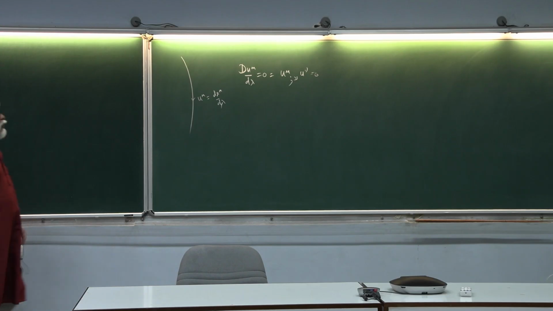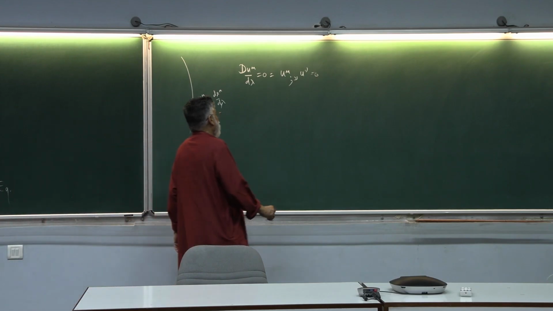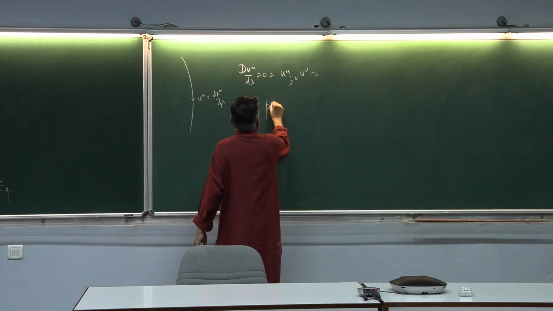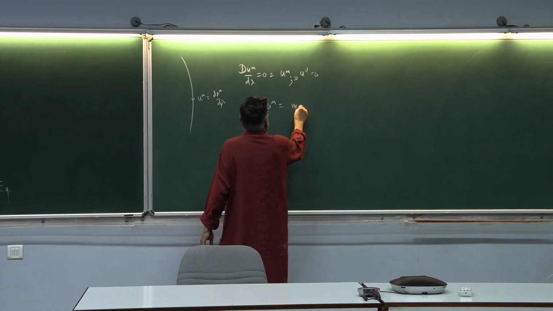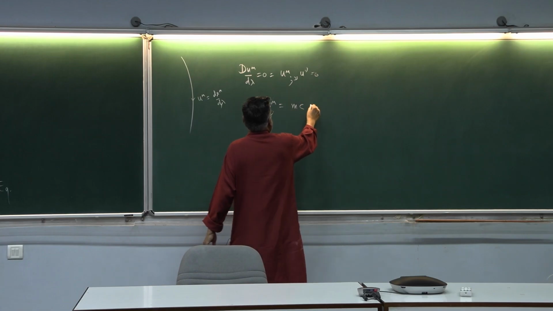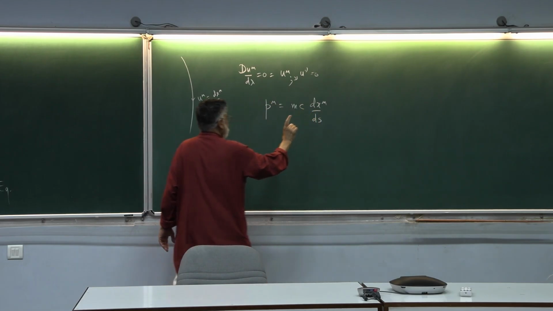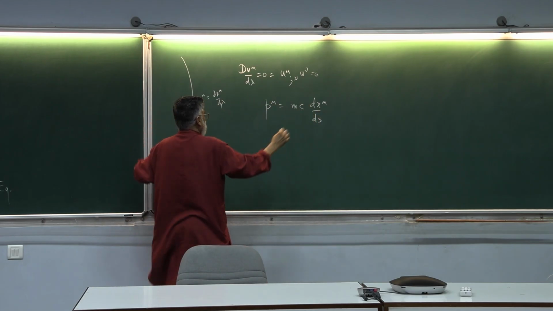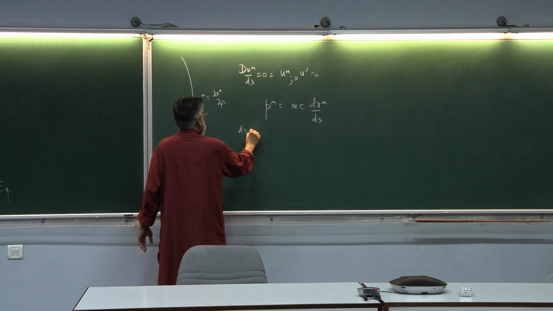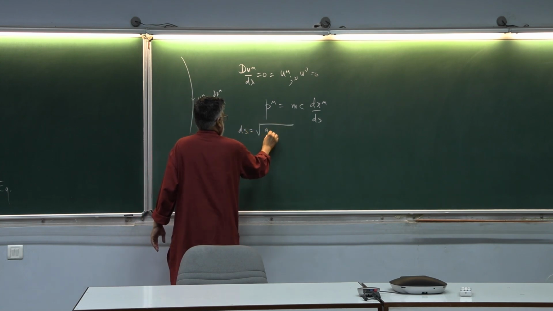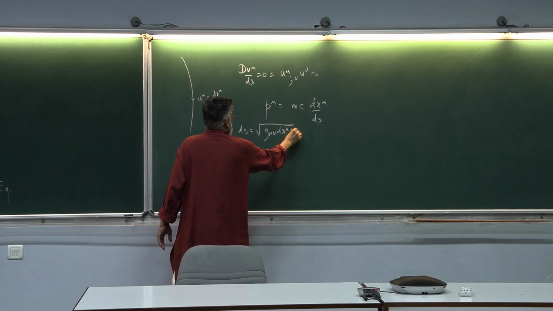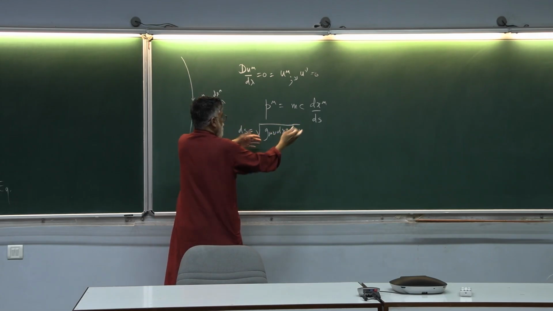Accordingly, the 4-momentum in a curvilinear coordinate system, p^μ, is also mc dx^μ/ds, where m is the rest mass. The only difference is that x^μ is the curvilinear coordinate system and ds is the square root of g_μν dx^μ dx^ν, where μ and ν are being summed over.